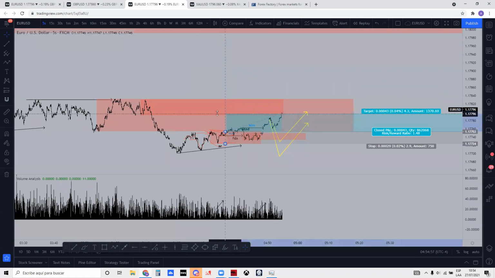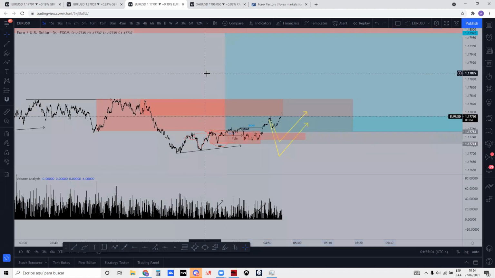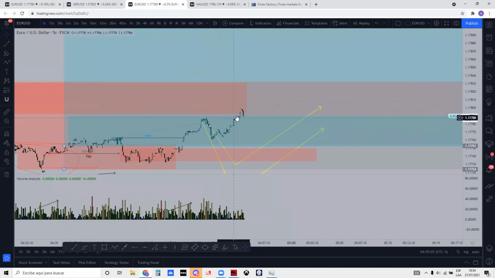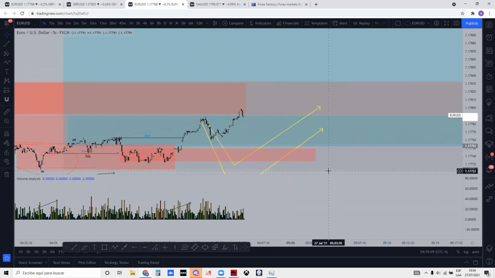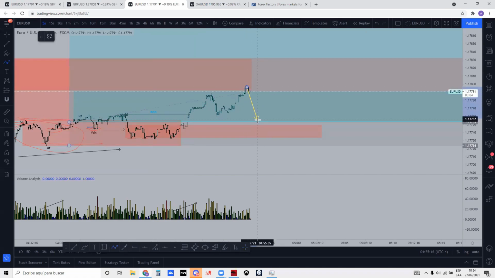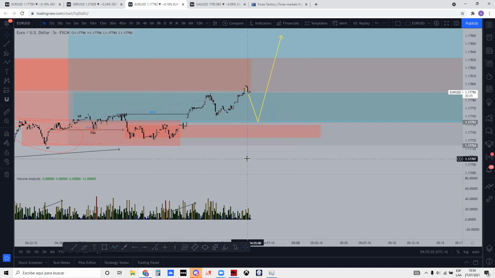So far it's 1.5 RR, which is not bad. But this break with decreased volume, I don't like it at all. We might see something like this now. It's very possible.